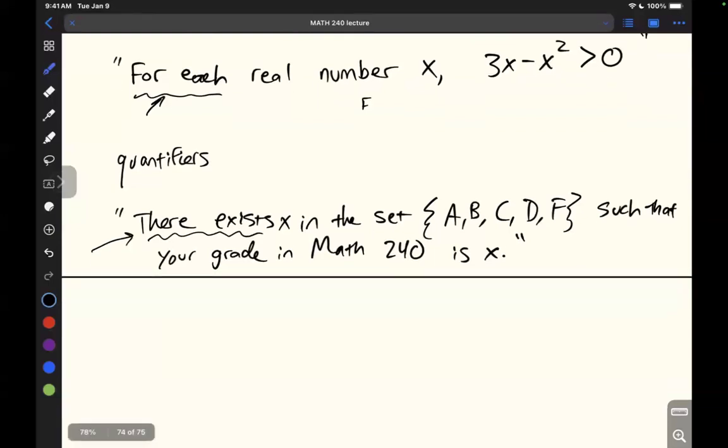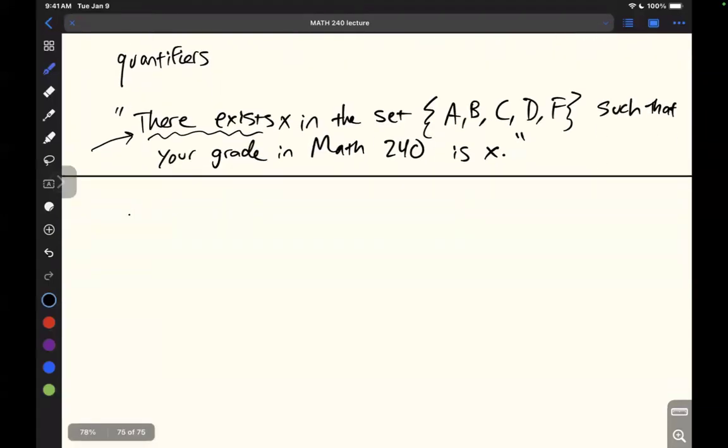And so the book calls them universal and existential quantifiers.